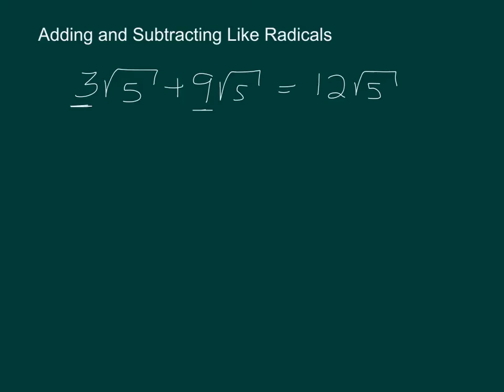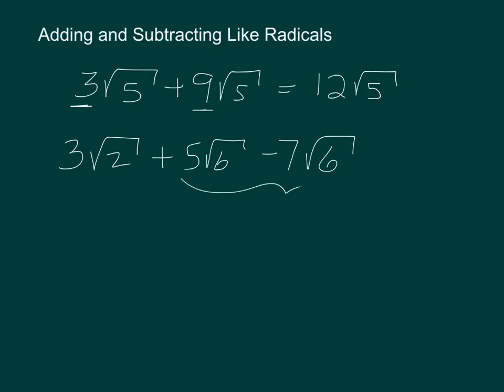When I have, for example, 3 radical 2 plus 5 radical 6 minus 7 radical 6, the only two that are like radicals are 5 radical 6 minus 7 radical 6. So I can only add those two and get 3 radical 2 minus 2 radical 6.